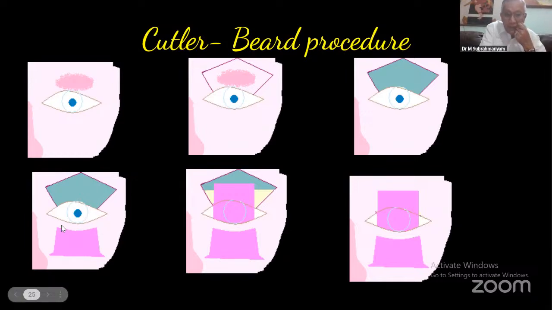This is called the bucket handle, and then anchor them and suture to the LPS, conjunctiva, and everything is sutured. But this is the original Cutler-Beard technique, but you are not providing tarsal support, right? And after 6 weeks, you separate them.